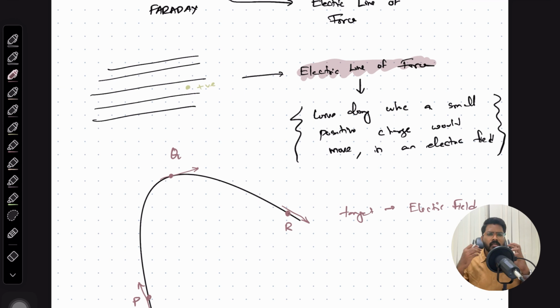These curves are imaginary, they are not real, but they do represent a real field.